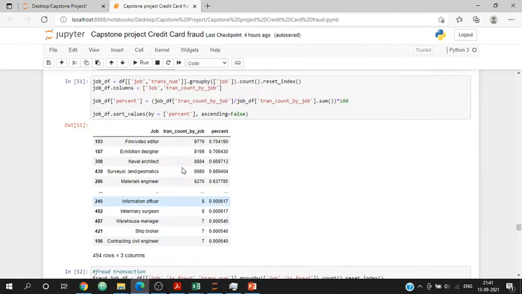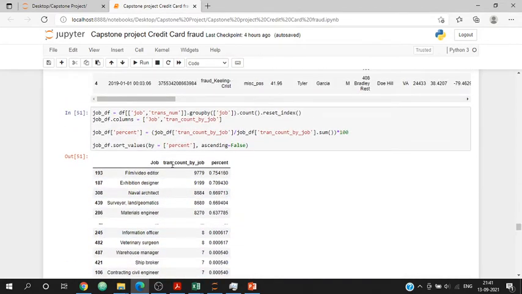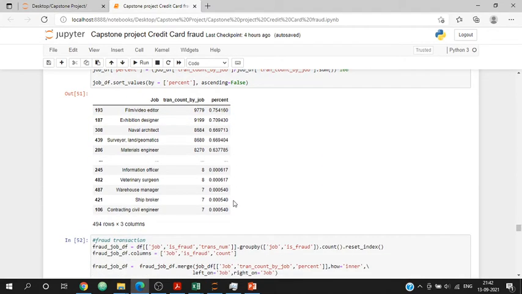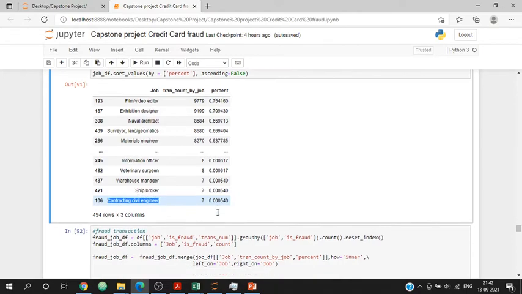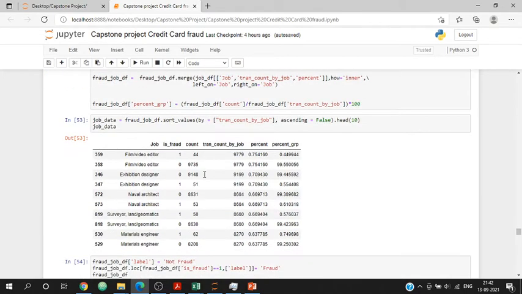Here, based on the job type, I'm trying to see the transaction count and the percentage. Film editors do the highest number of transactions, and compared to them, contract civil engineers do very few credit card transactions.